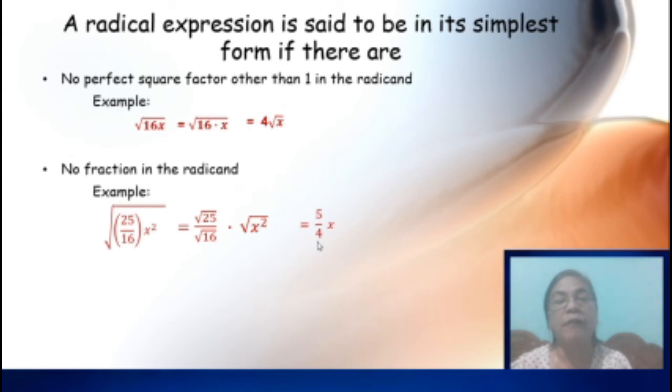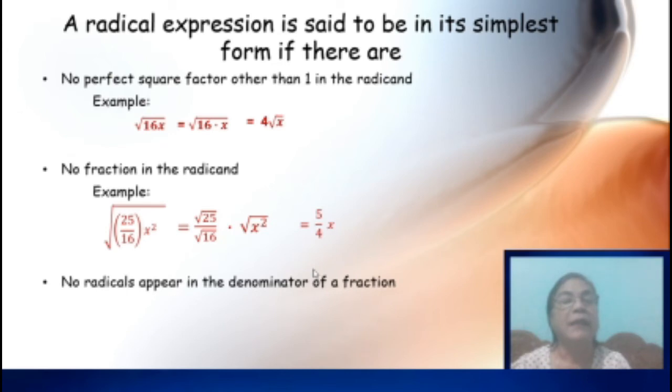That is 4. And square root of x squared, it's x. How? Since index here is 2, isn't it? The exponent here is 2. And the x index is also understood to be 2. So 2 divided by 2, understood to be 1. So it turned out to be x.